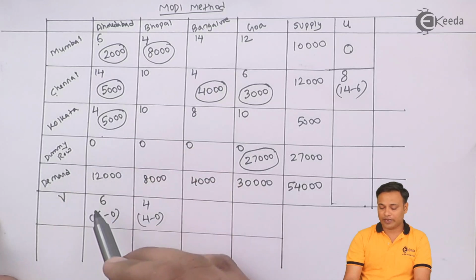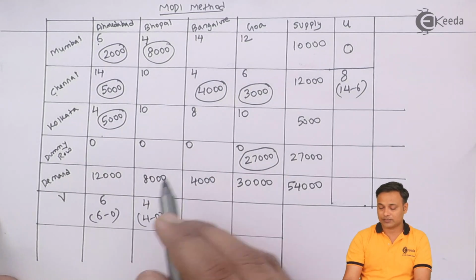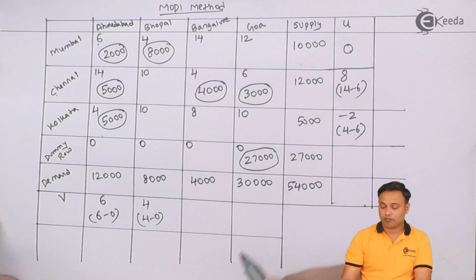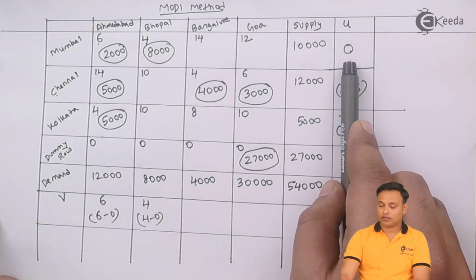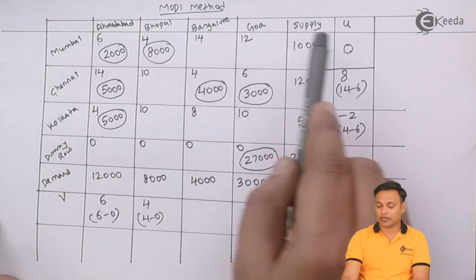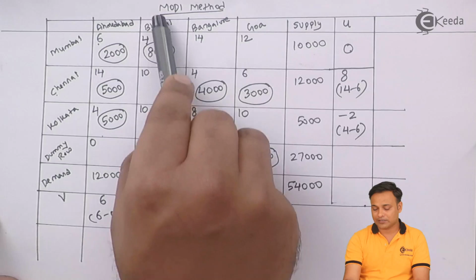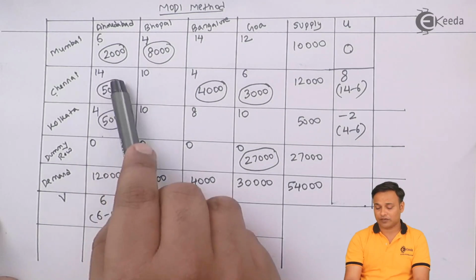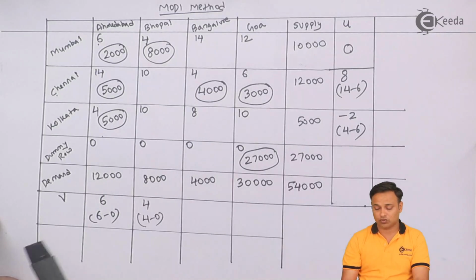And 4 minus 6, again it is an occupied cell, 4 minus 6 is minus 2. So we had a 0 here. Then we had two occupied cells. 6 minus 0 is 6. 4 minus 0 is 4. There is no other occupied cell in the second column, so we skipped it. There were two more occupied cells in the first column, so we did 14 minus 6, 8. 4 minus 6, minus 2.